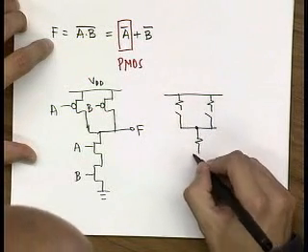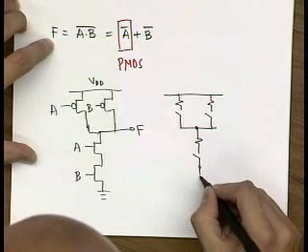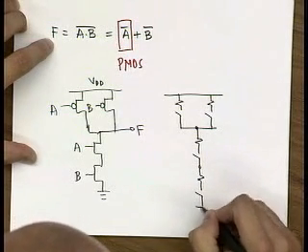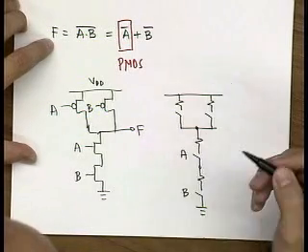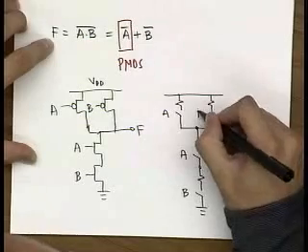So what we are going to have is this representation. This switch will be controlled by signal B. This switch will be controlled by signal A.